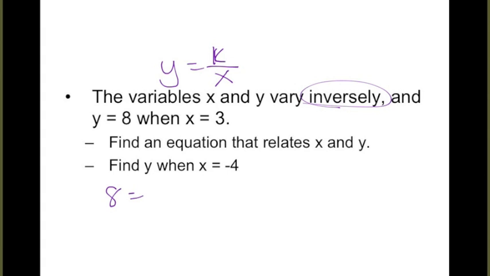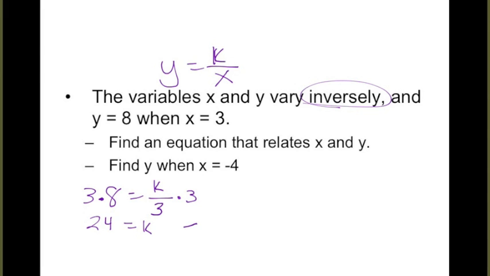So if y is 8, then x is 3, and I can plug them into that inverse variation relationship. And what we want to do is find out what is the constant that works for this particular problem. So we want to solve for k. So I would do that by multiplying both sides by 3. So 24 is our constant for this equation.